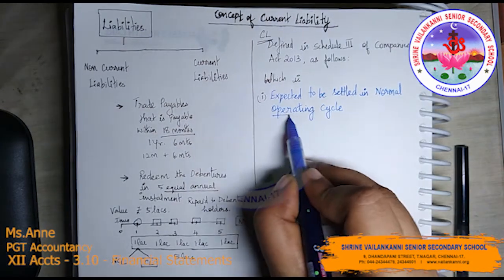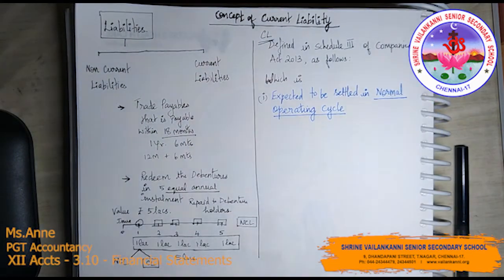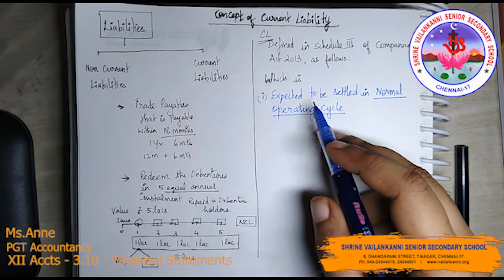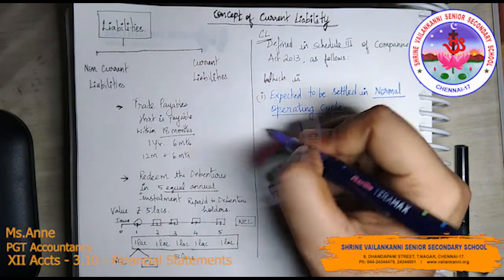Now, if it is expected to be settled within that normal operating cycle, then the Companies Act says you treat it as current liability.